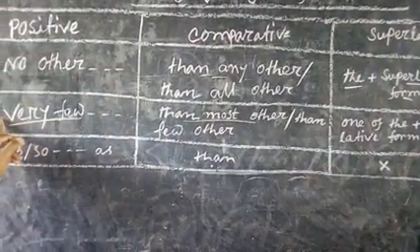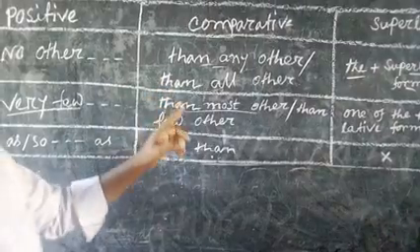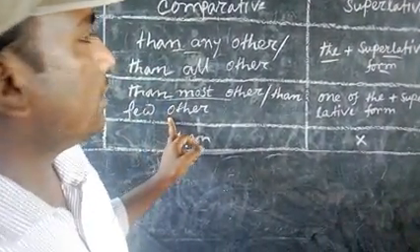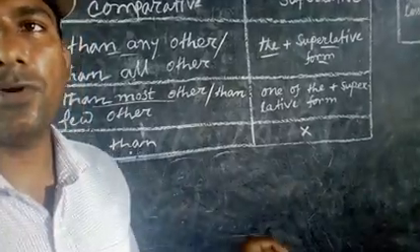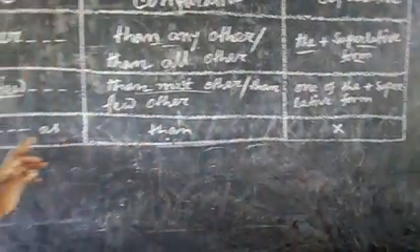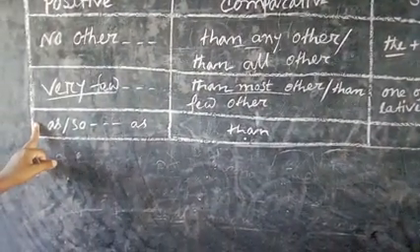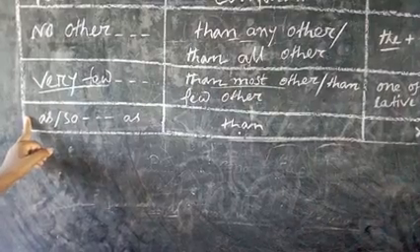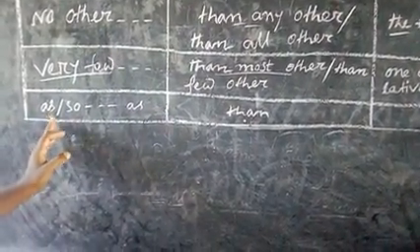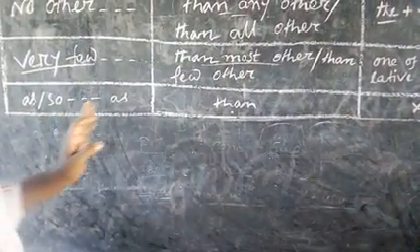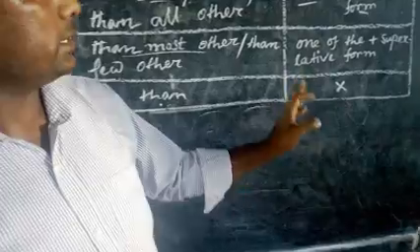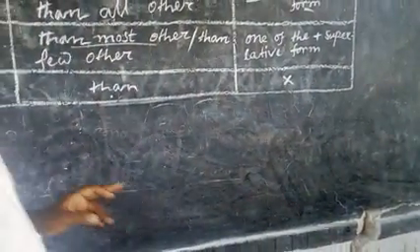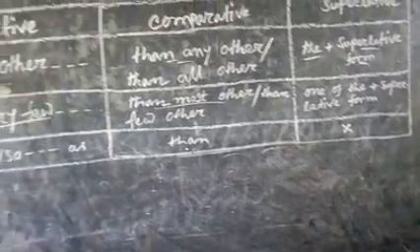Next, if the positive sentence begins with very few, in comparative we have to use than most other or than few other, and in superlative we have to use one of the plus the superlative form of that positive word. And number 3, if the positive sentence has only as dot dot as or so dot dot as, we make the comparative using only than, and in superlative that is nil. Okay, dear students, now we will clear it through examples.